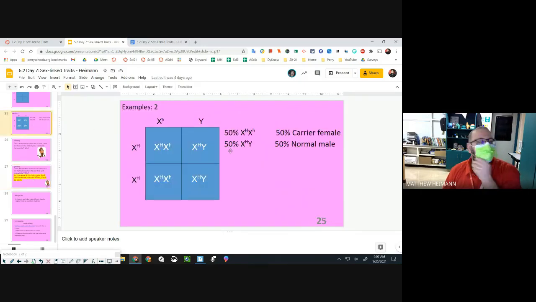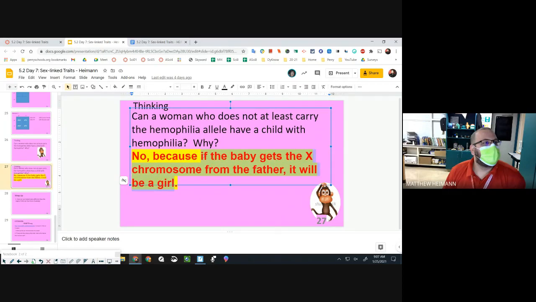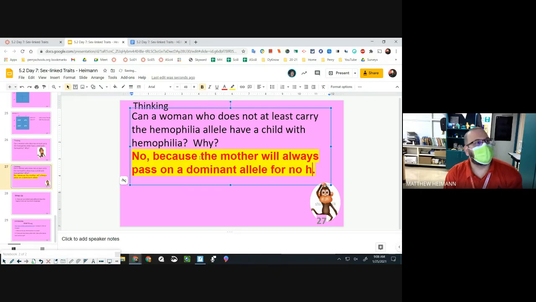I like looking at this thing a little better. The female, you know, the mother will always pass on a dominant allele for no hemophilia.